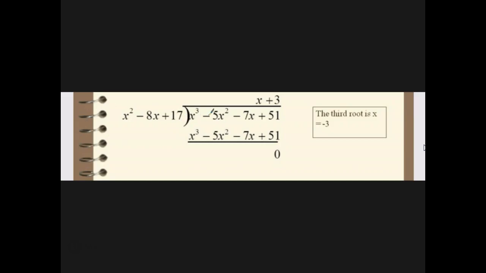So it goes back to what we said before. What do you multiply x squared by to get x cubed? You multiply by x. Then you distribute the x in. So you had x cubed minus 5x squared minus 7x plus 51.